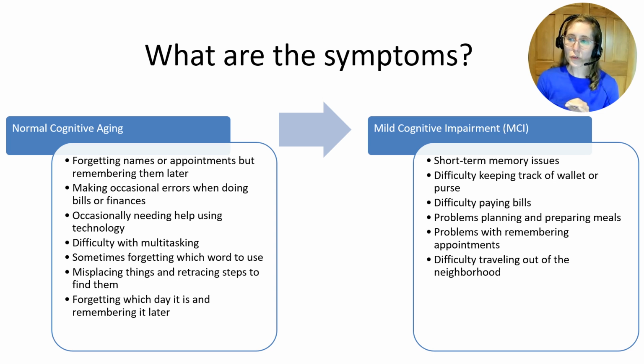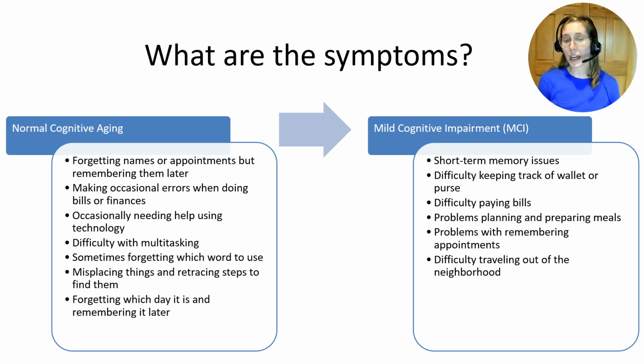So I just want to first point out, learning new information is very common with aging. That's almost universal. But issues with memory is not necessarily universal. So what are some typical aging symptoms that you may see in relation to memory decline? You may see things like forgetting names or appointments, but then you might remember them later.